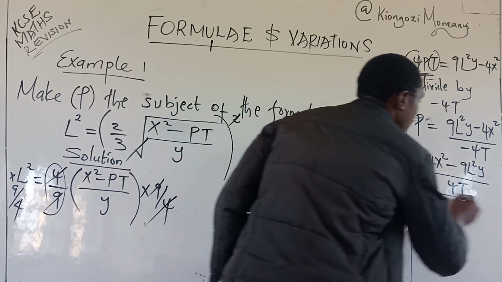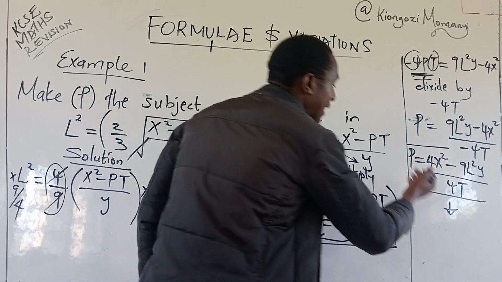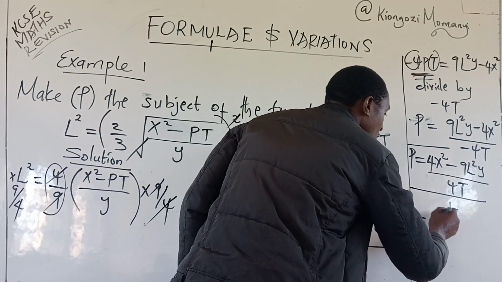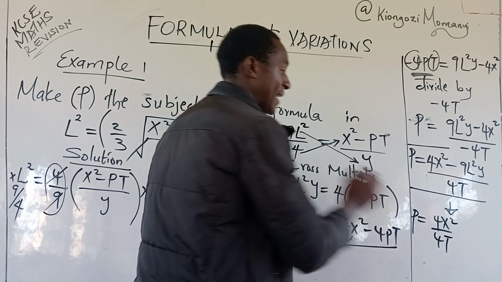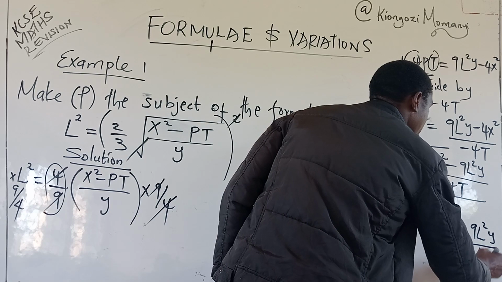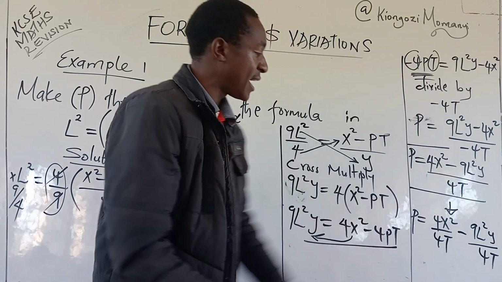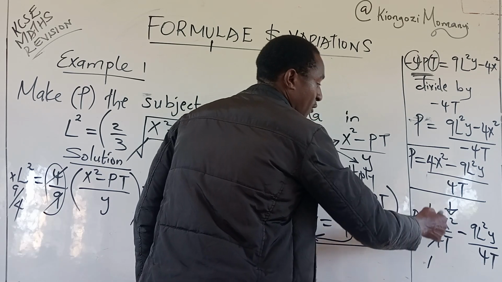You can leave it at this point, or you go further, simplify it, and say p is equal to 4x squared divided by 4t minus 9L squared y divided by 4t. In this second one here, you simplify by cancelling 4 by 4.